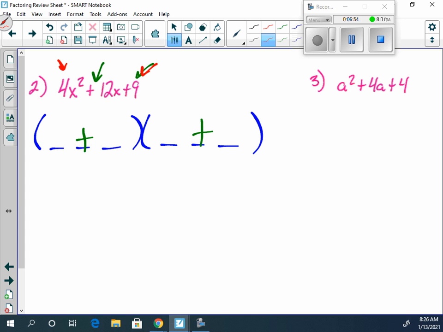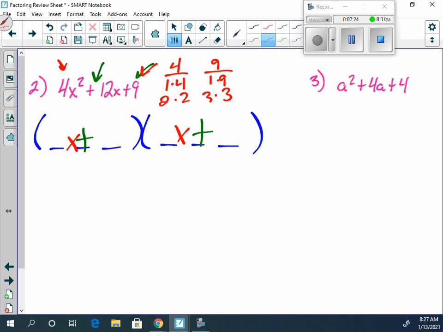All right, now we get to the next step, the factors of the first and third term. Well, one of them is going to be a little bit easier to plug in because we know the only factors of x squared that we're going to use are going to be x and x. We have to have at least one x in both spots. And now we can look at the factors of 4, 1 and 4, 2 and 2, and the factors of 9, which are 1 and 9, and 3 and 3.